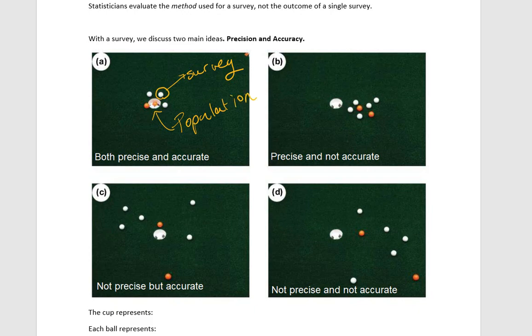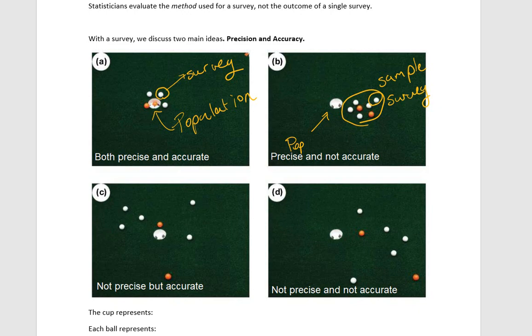So if we repeat a survey over and over and over again with a different sample, we would like all of our samples to be relatively similar, close together, and close to the population. Now, if we look at B, all of our surveys and samples, so remember again, this is a sample using a survey method, are close together, but they're not actually close to the hole or the population.